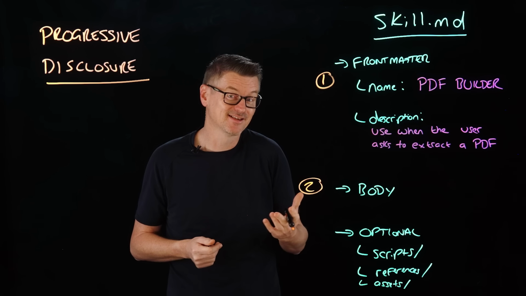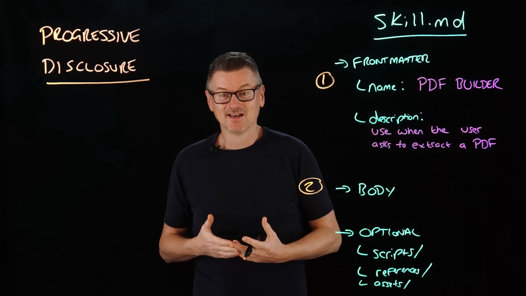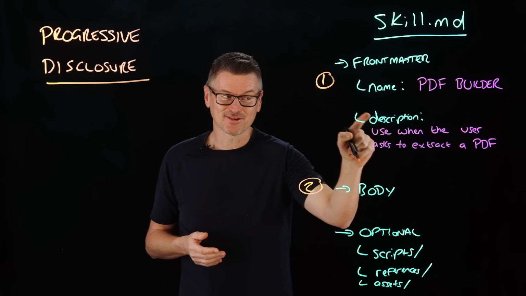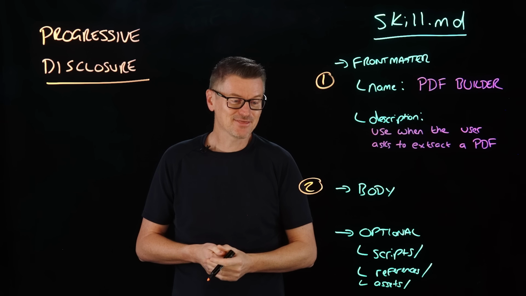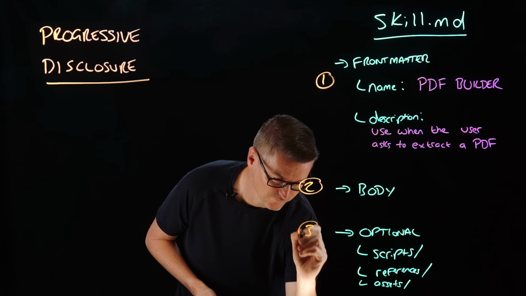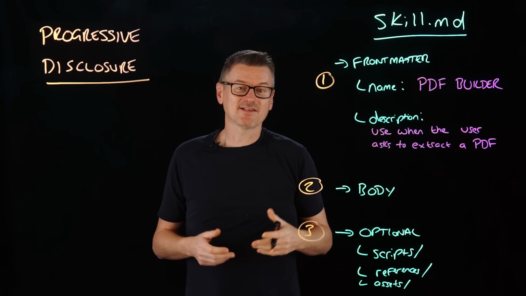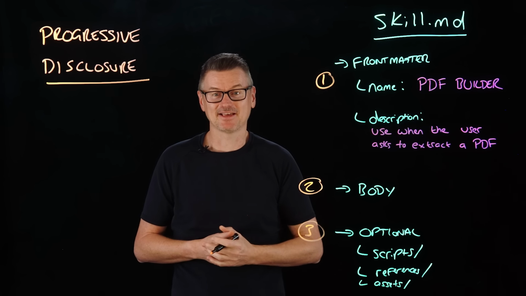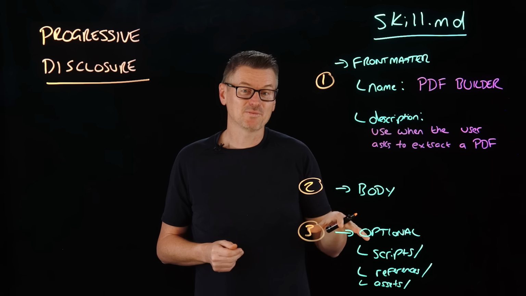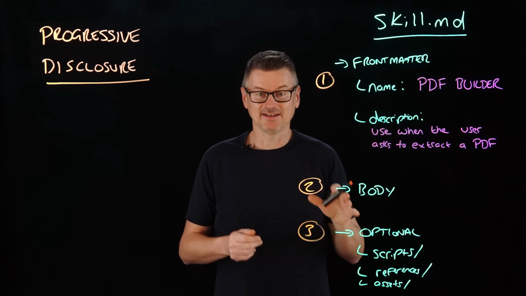The model decides when it can make use of the skill, which is why a good skill description is so important. Then tier 3, that's these optional folders. These are the resources that map to the scripts, references, and assets folders, and they only get loaded when a specific task actually needs them.